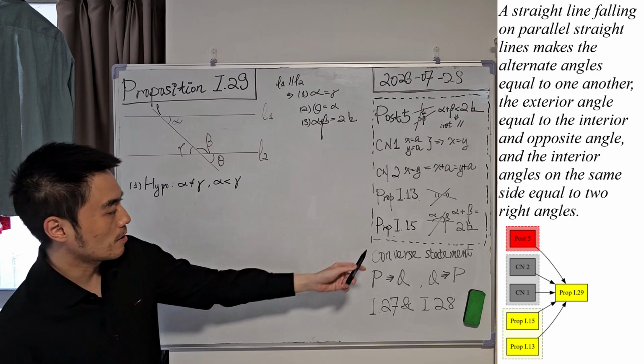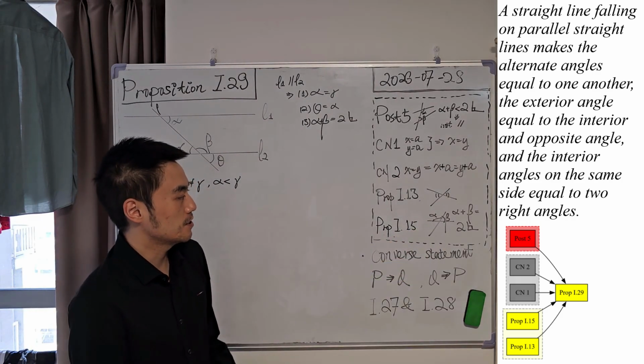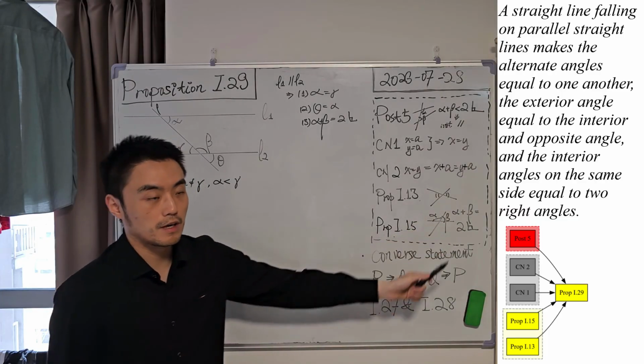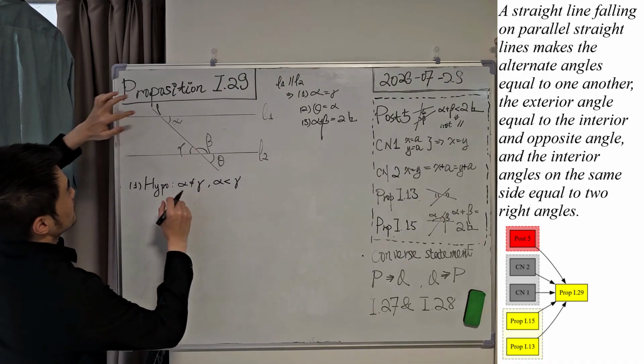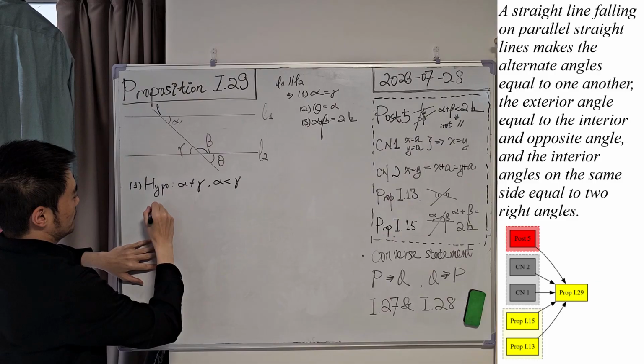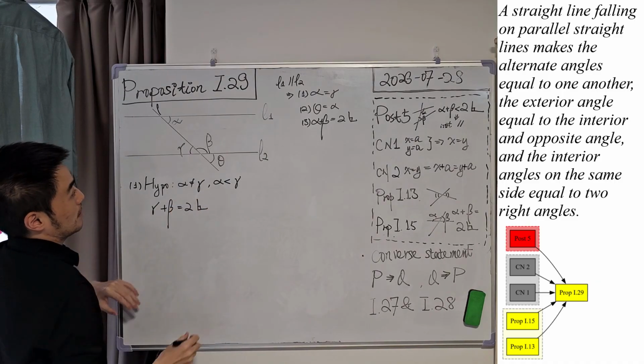At first, please recall proposition 15. If two straight lines meet with each other, then the sum of two adjacent angles will be equal to two right angles. We see that L and L2 are meeting with each other, so the sum of the adjacent angles will be equal to two right angles.